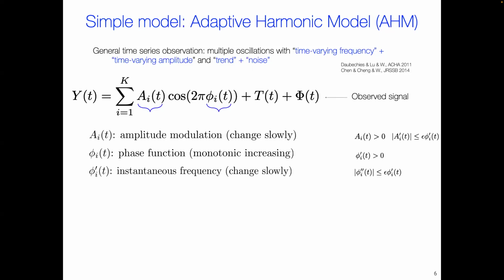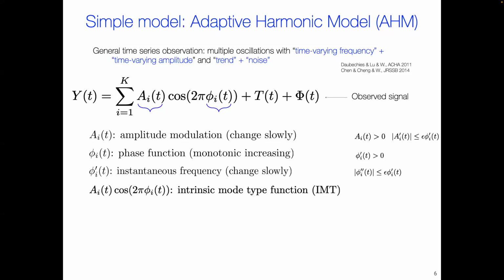If you think about this model, A_i(t) cos(2π φ_i(t)), we call this an intrinsic mode type function. Now, you can imagine, suppose A_i(t) is a positive constant and φ_i(t) is a linear function, for example, 2π φ_i prime t.